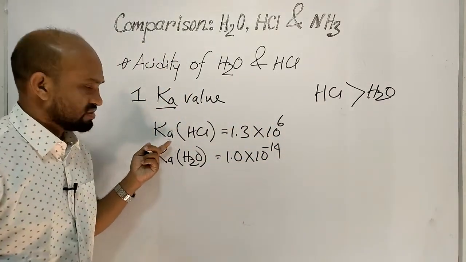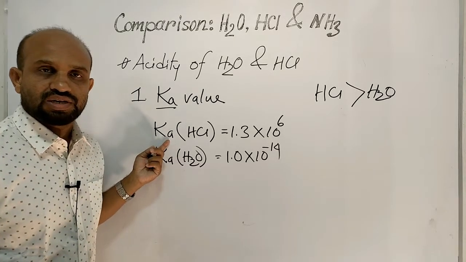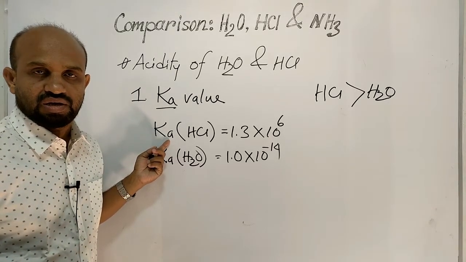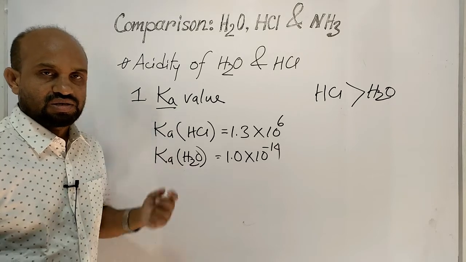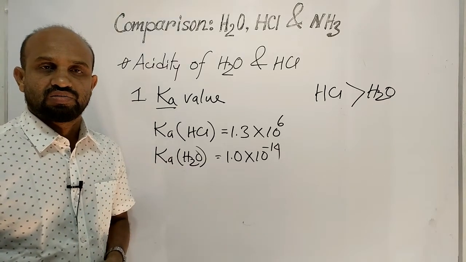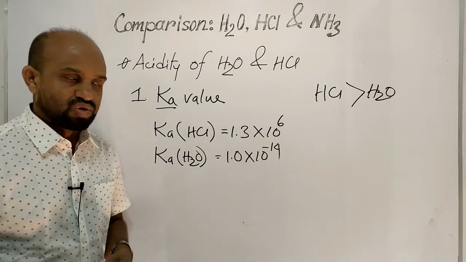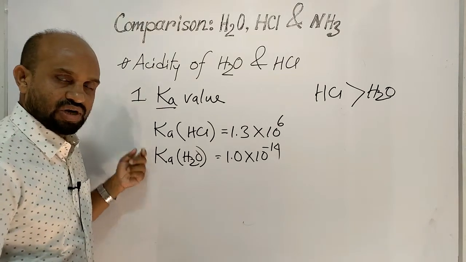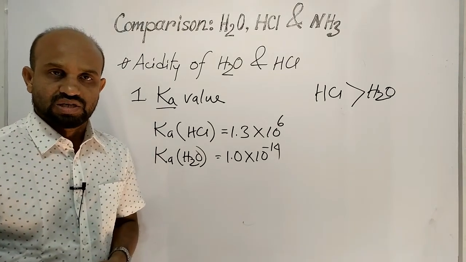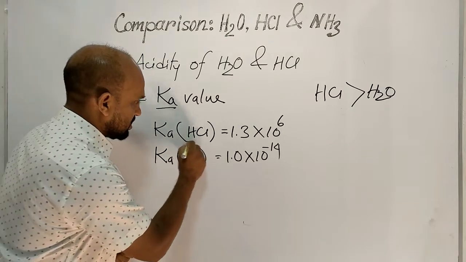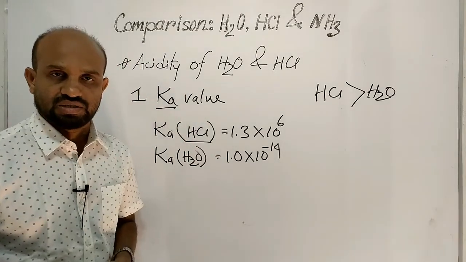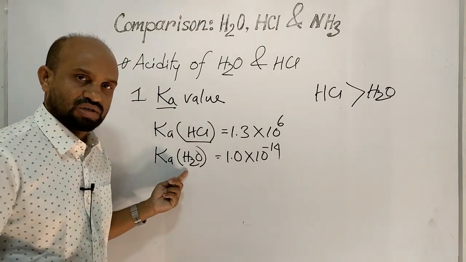We know that the larger the value of Ka of an acid, the stronger the acid. So from the Ka value we can say that HCl is a stronger acid than water.